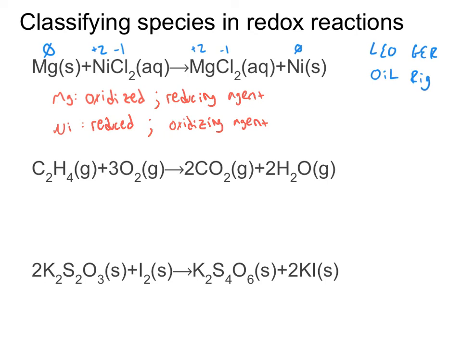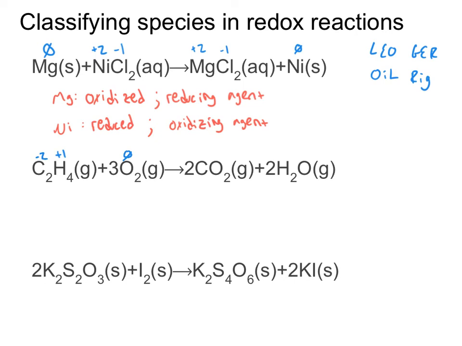In our second example, our rules tell us that hydrogen is always going to be a +1. We have 4 hydrogens for a total of +4. We have 2 carbons, therefore each carbon must have an oxidation number of -2. Oxygen is in its elemental state as a diatomic in the gas form, therefore has an oxidation number of 0 here in the reactants.